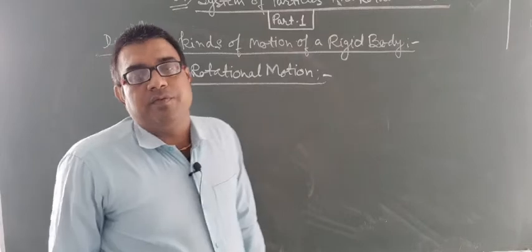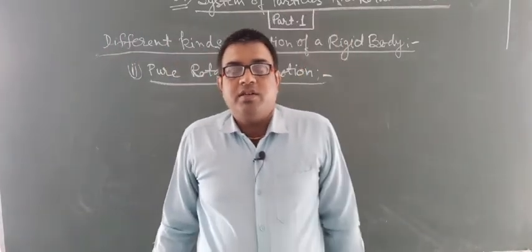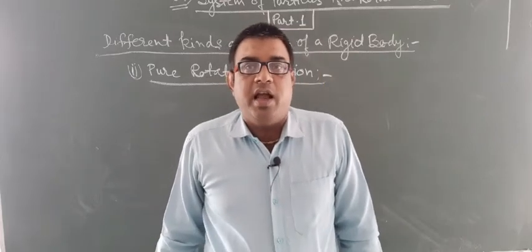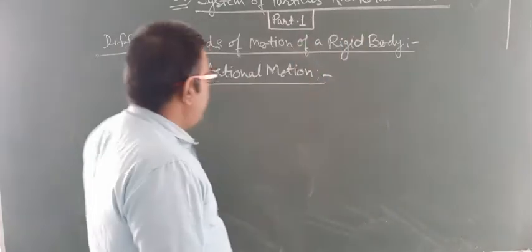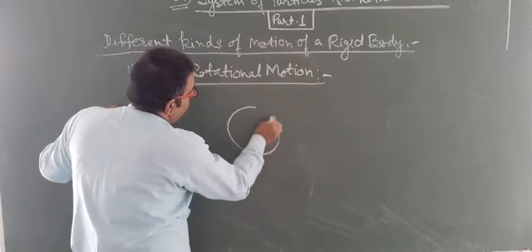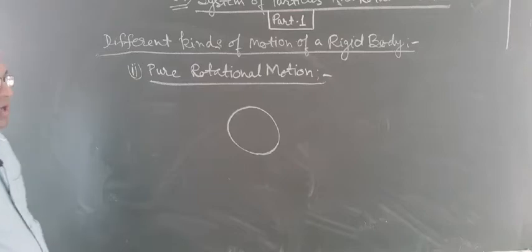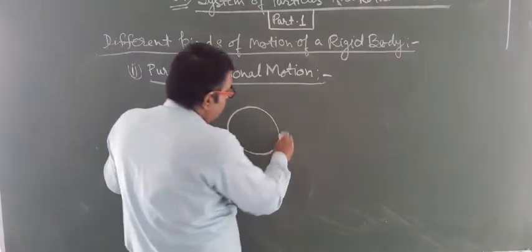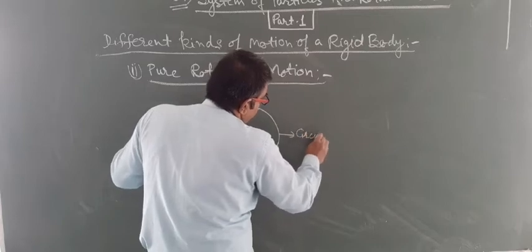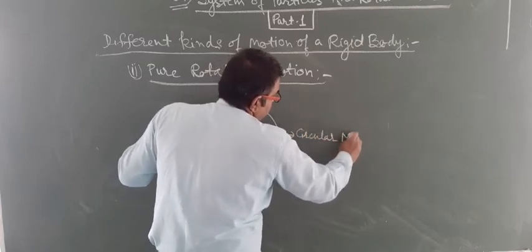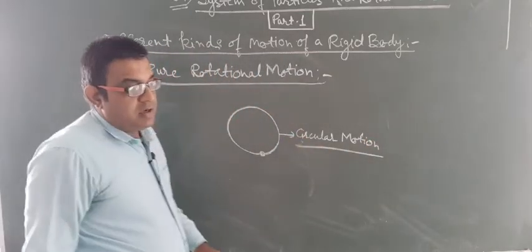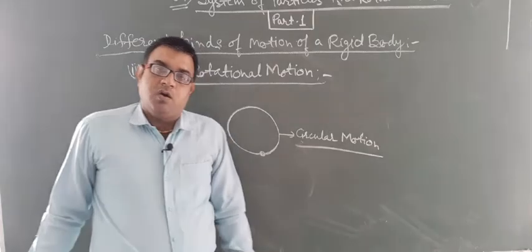What is the meaning of pure rotational motion? Dear students, you have studied circular motion. In circular motion, any object is moving on a circular path. This type of motion is called circular motion.